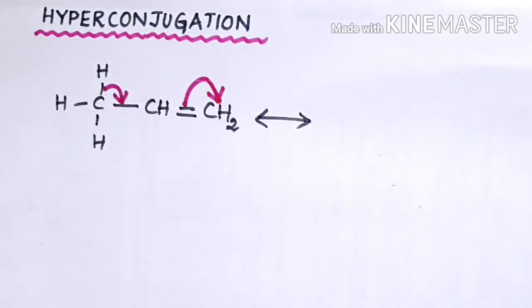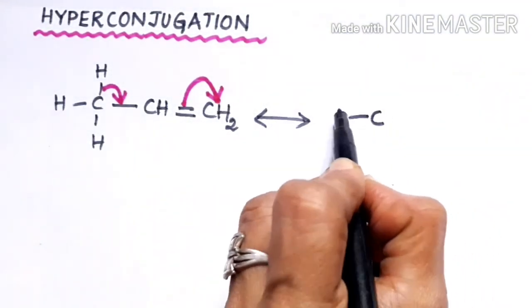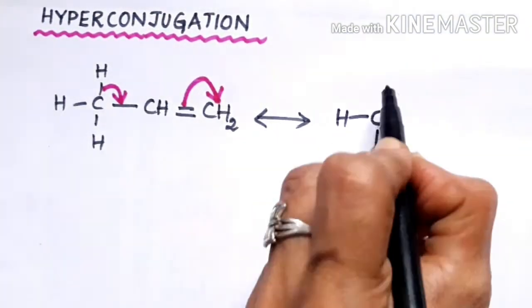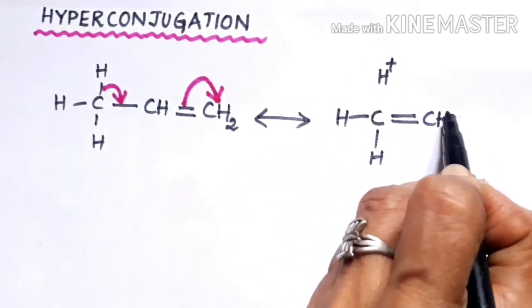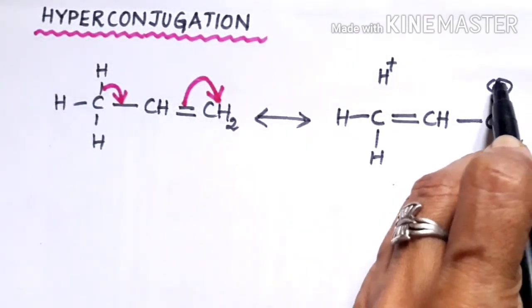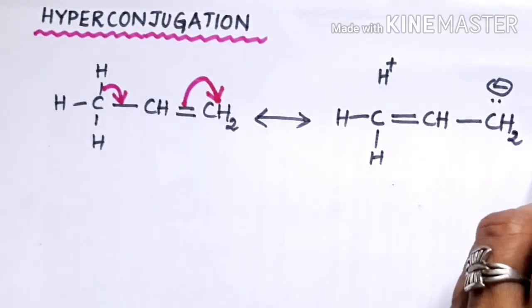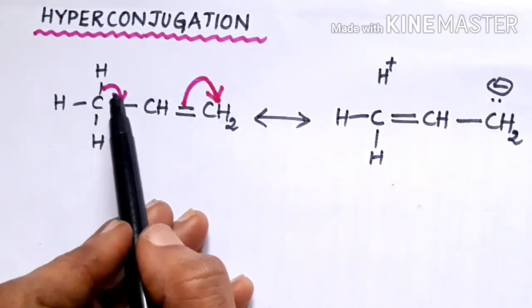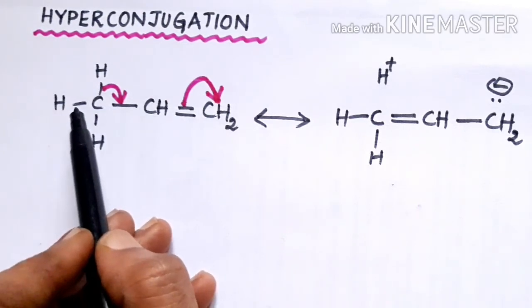So then it forms the hyperconjugative structure: CH2, H positive, double bond CH, single bond CH2 negative. The next structure will be: instead of releasing this C-H bond, we can remove the H positive from this other C-H sigma bond.